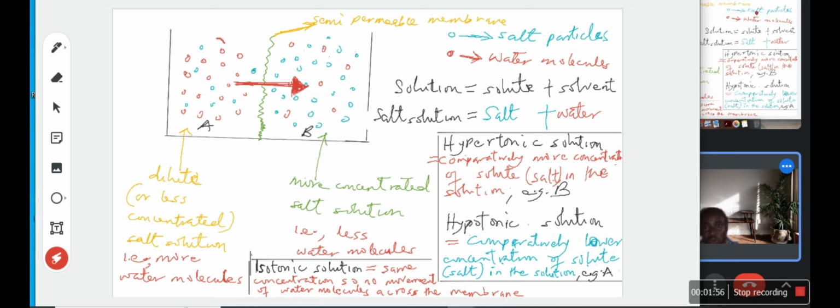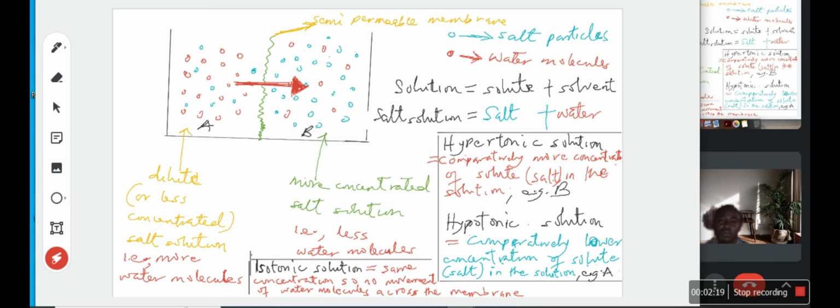Okay, so in solution A, what do you have more of? You have more water molecules in solution A, less salt particles. And of course, in solution B, you have what?